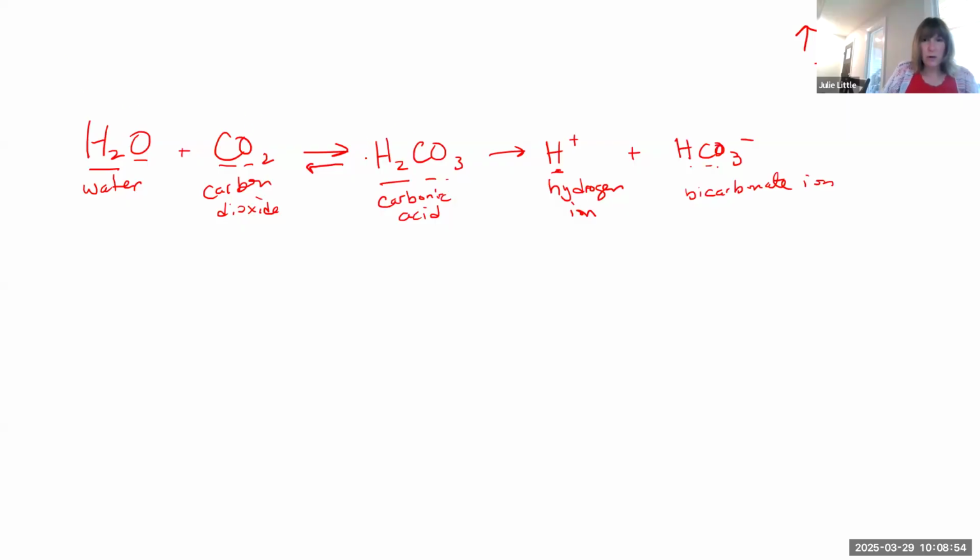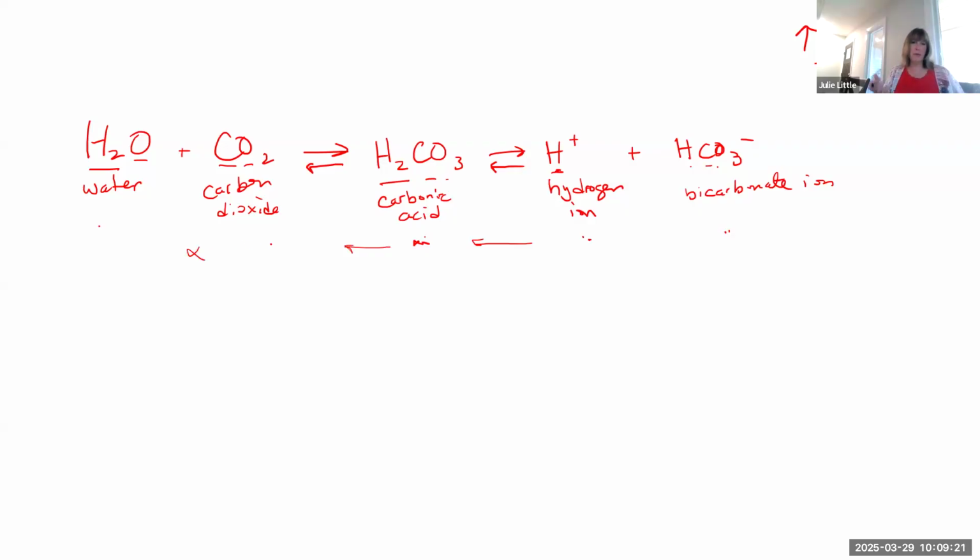And so what is this whole bicarbonate ion carbonic acid system? I should add another arrow here, because this can go in two different directions. Water and carbon dioxide combine to form carbonic acid, which breaks down to form hydrogen ion and the bicarbonate ion. If we go in the reverse, the bicarbonate ion and the hydrogen ion form carbonic acid, and carbonic acid breaks down to form water and carbon dioxide.